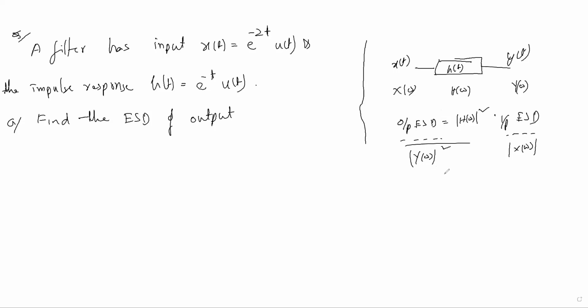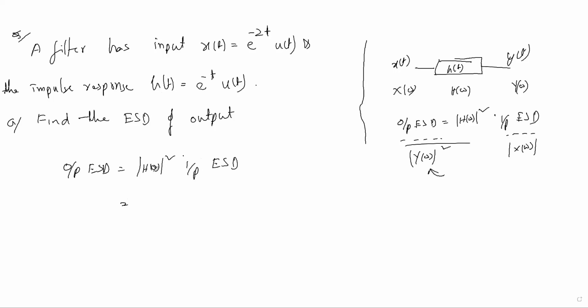We can calculate it by this equation, Y of omega square. Right. So our problem is to find this Y of omega square. We already know the relation between these three is nothing but output ESD equal to H of omega whole square times input ESD.